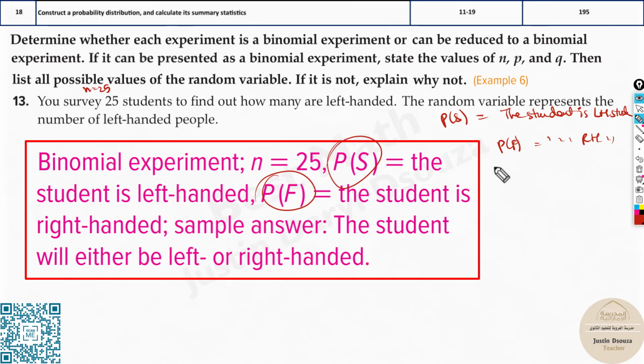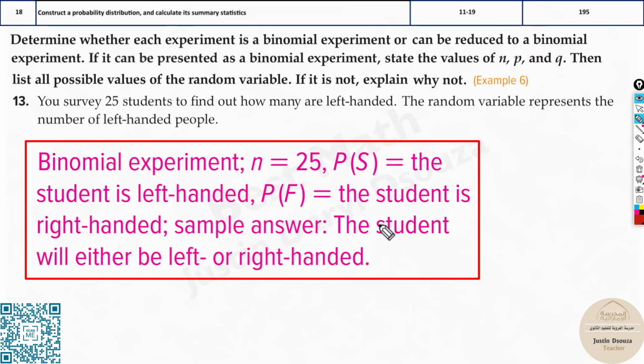So if it's right hand, it's failure. So that is basically p and q, okay? n is the number of people in the study. p is the probability of success. q is basically the probability of failure. That's the answer. Now the sample answer is the student will be left or right-handed. So that is the random variable.